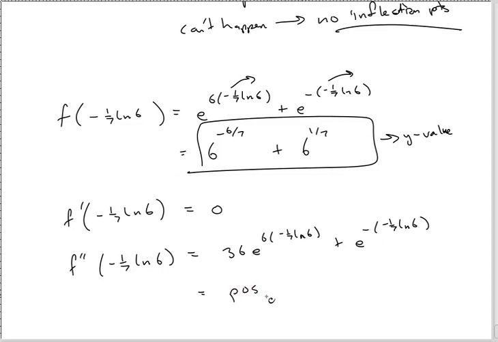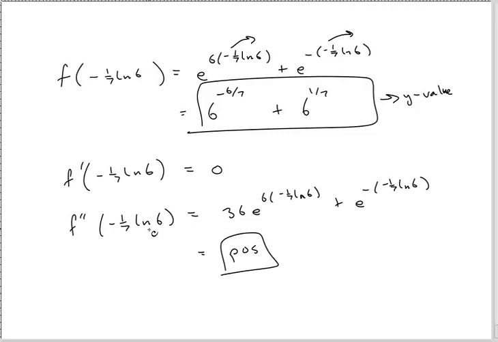Now, let's pause for just a second. What's going on? I plugged it into all these things. Let's start right here with this concept. I'm saying that my second derivative, I plug it all in, I get a positive. Whenever my second derivative is greater than 0, that's concave up. But it also means that we're talking about a minimum.